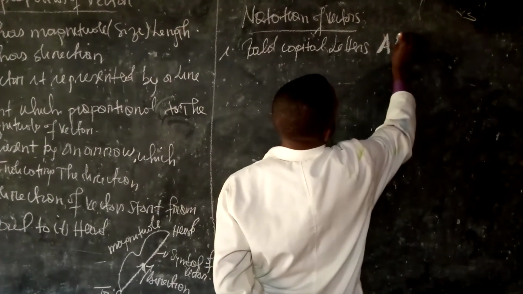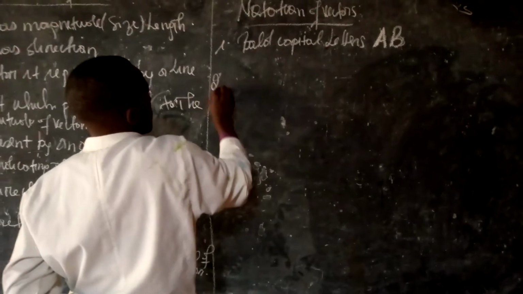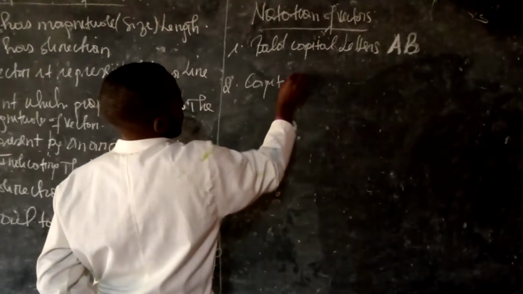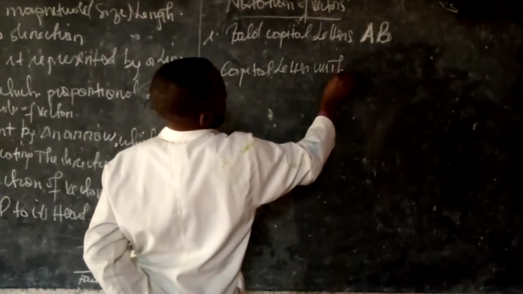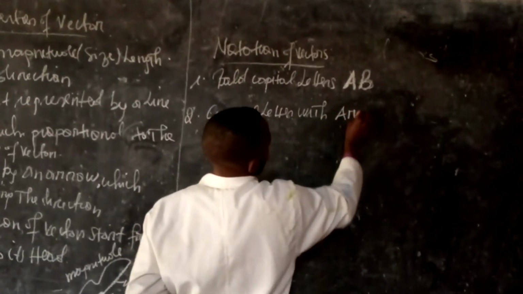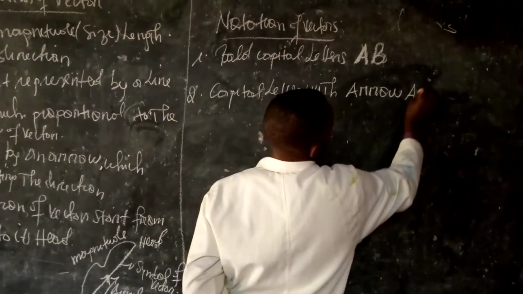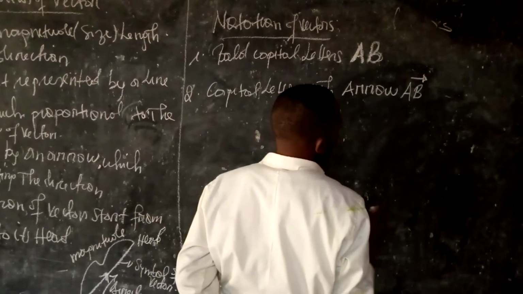This is vector AB. The second, you can use a capital letter with the arrow, like this: vector AB. This arrow, this sign, shows direction.